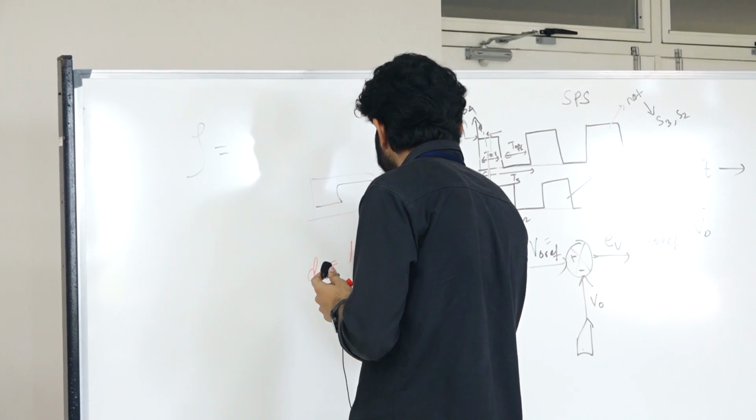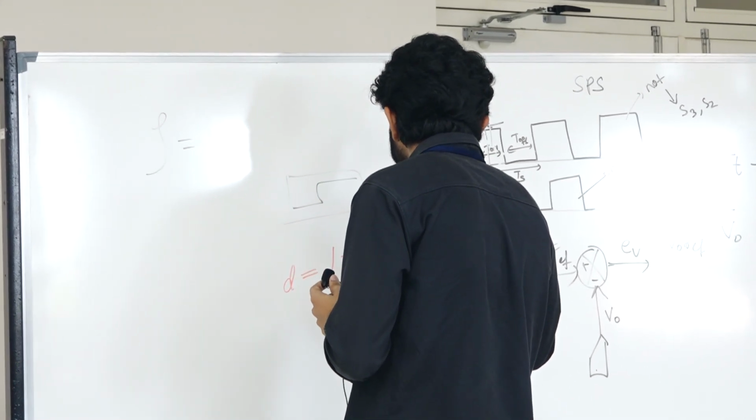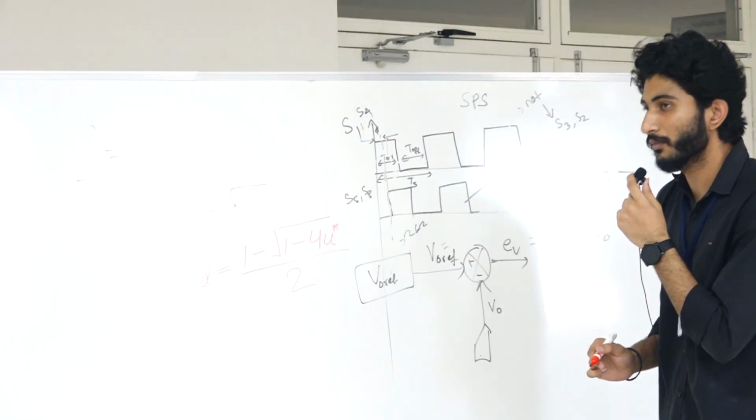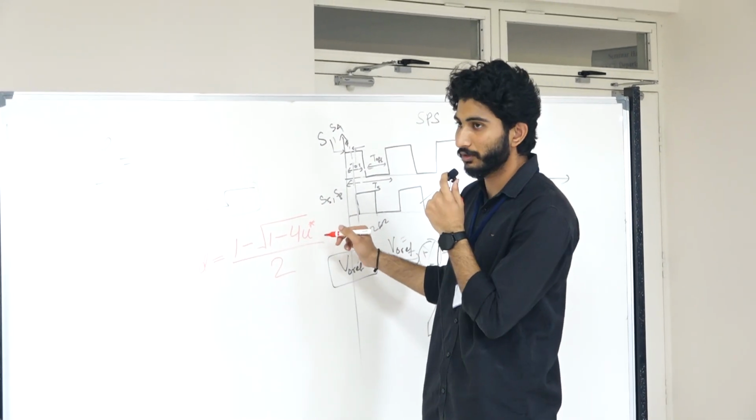I will tell you. D is equal to 1 minus square root of 1 minus 4u, and this u is our control input.